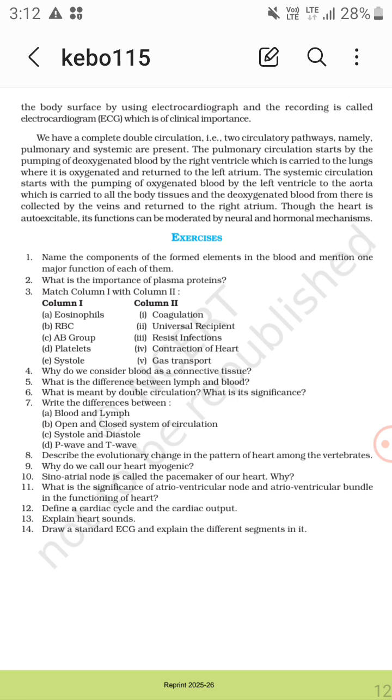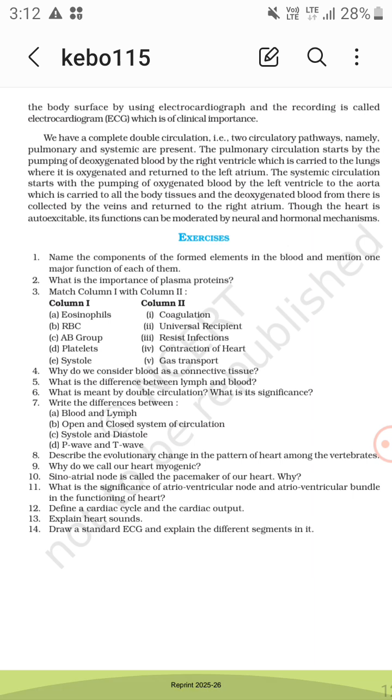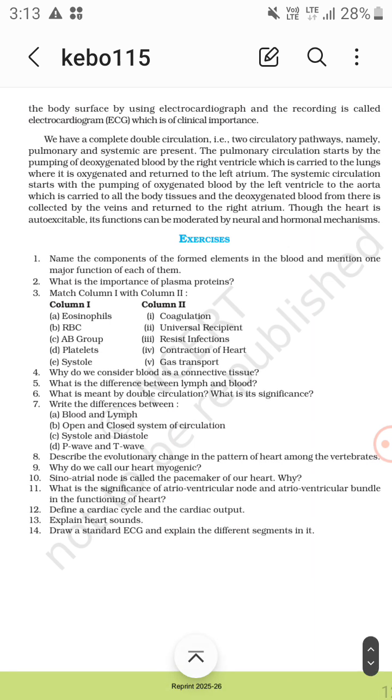Among WBCs, the lymphocytes are for the defense mechanism; they produce antibodies, and they are 20 to 25%. Monocytes act as phagocytic cells.